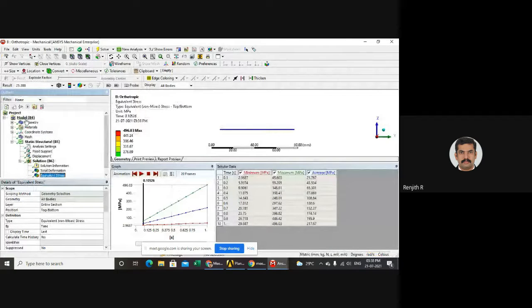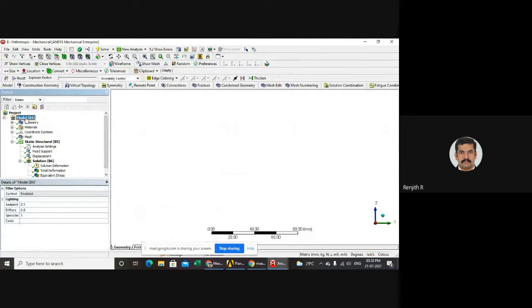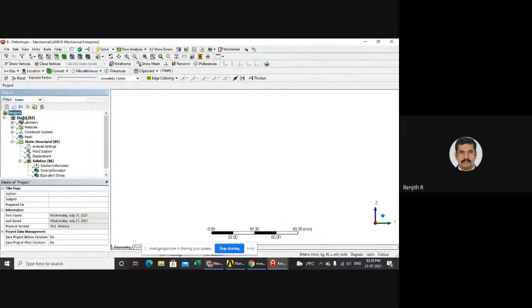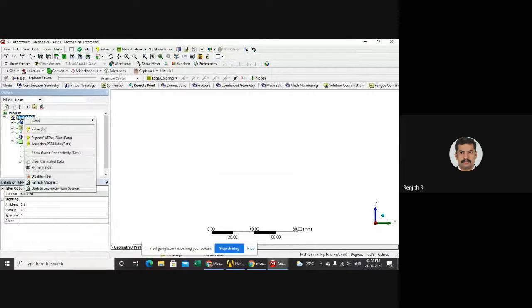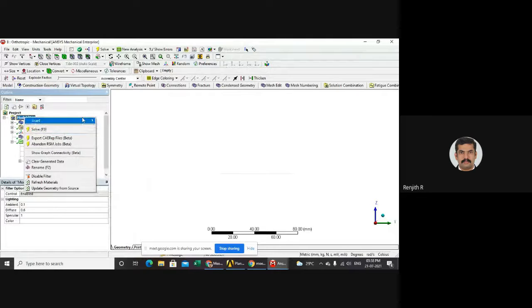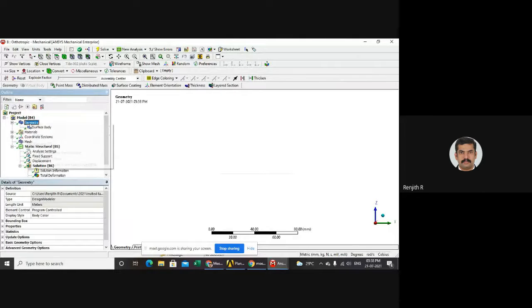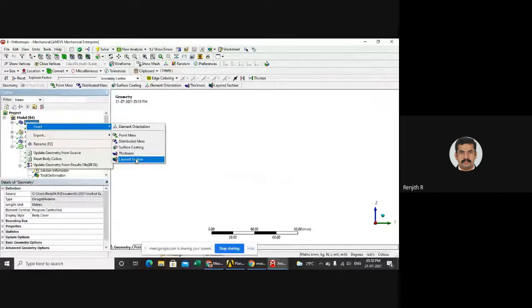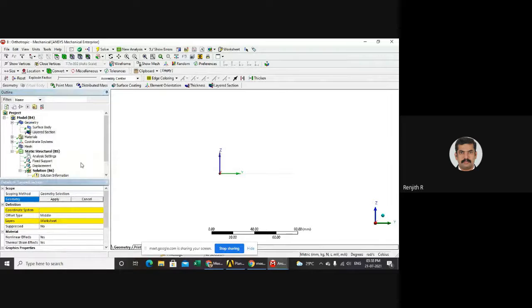If you go to insert, there is one option for layered construction, the layered section. You'll get the same layered section that is created by ACP.